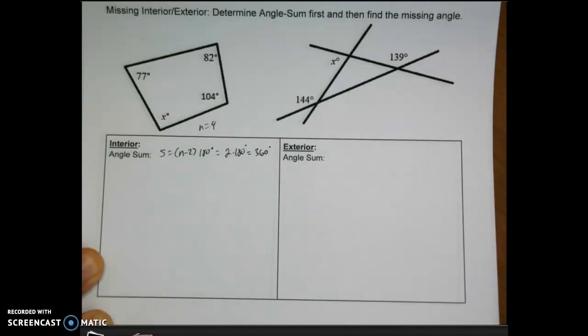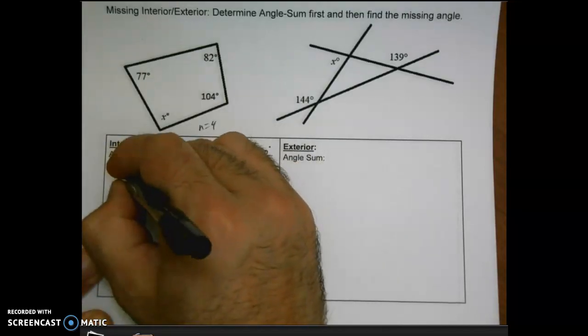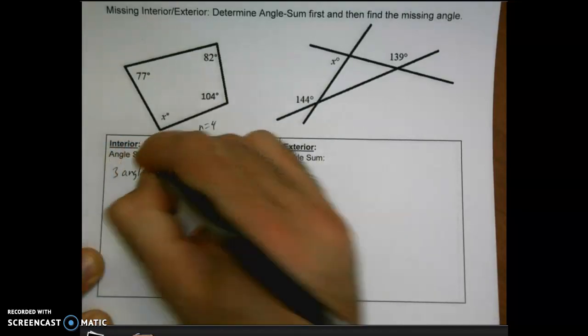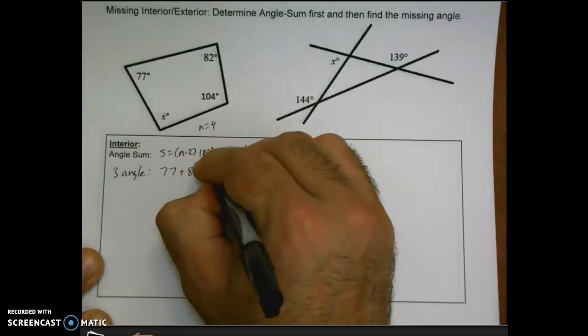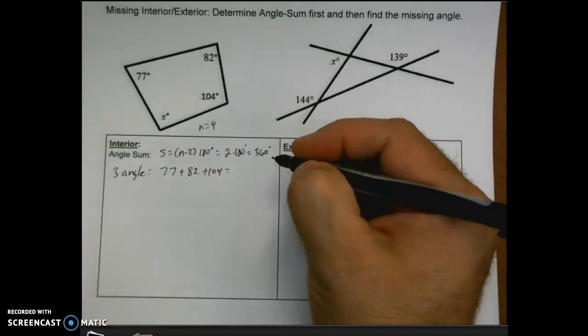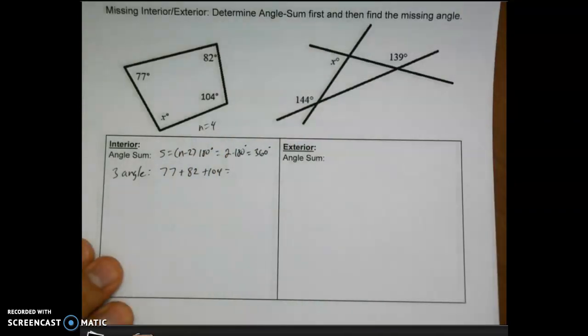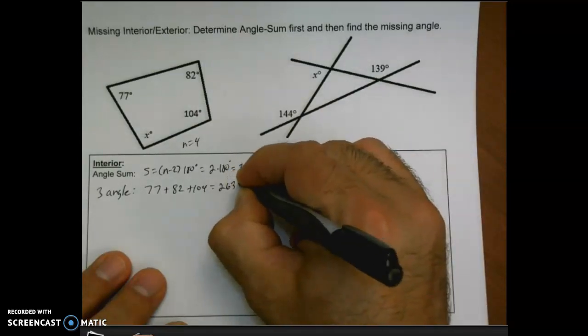So what does that mean? Well, I've got three angles. I can find my fourth. I just really need to add up the other three angles. So I want to add 77 plus 82 plus 104. So 77 plus 82 plus 104 is 263.